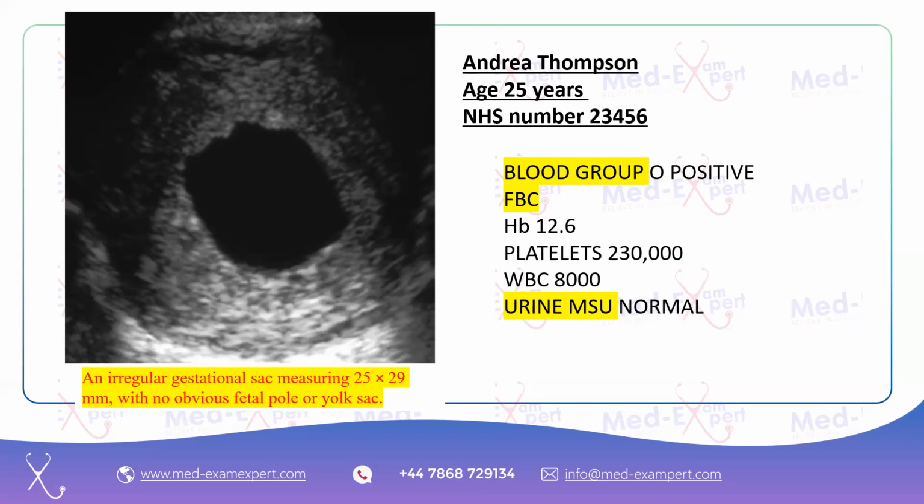Another thing, according to the NICE guideline, if the gestational sac is equal to or more than 25 millimeters, we have to give her either another scan, or if she cannot believe this and asks how it is possible, then I can give her another opinion also.